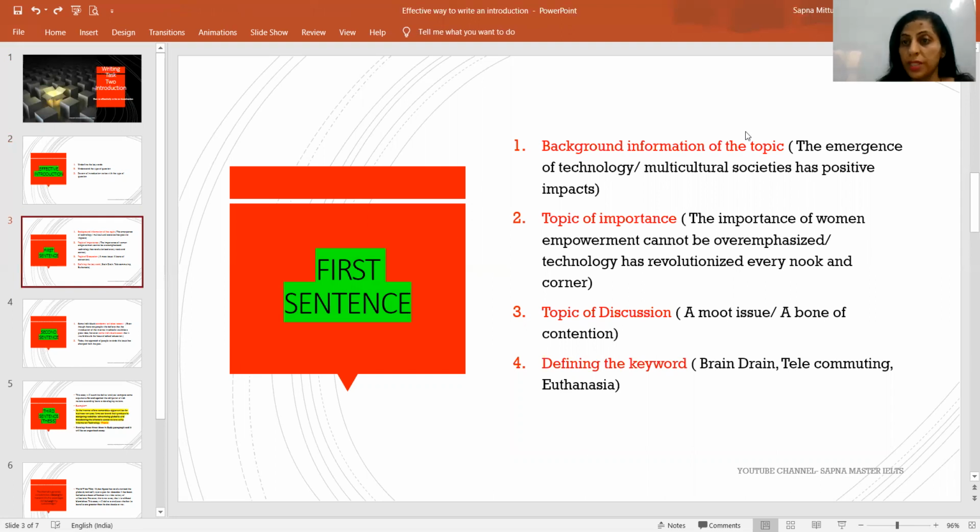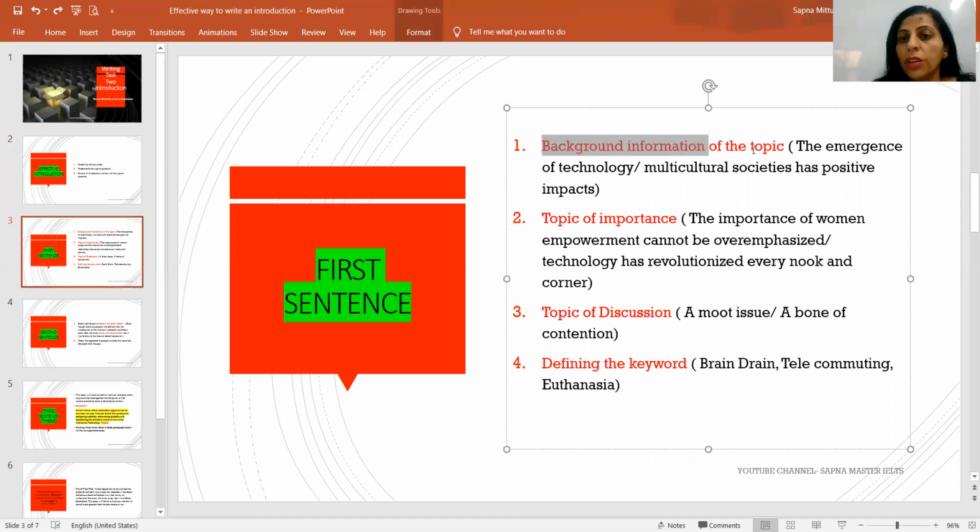Now, moving next, I have the first sentence. What will be the first sentence of your introduction? The first thing which I have mentioned here is the background information of the topic. Why would I say background information? Because if the topic is about culture, history, or technology, any introduction related to the background or the history of it, you can talk about here.